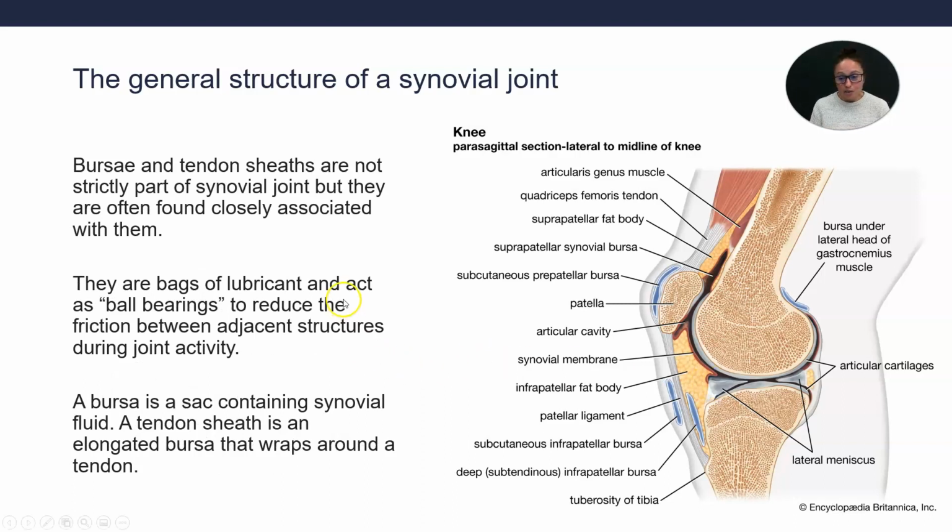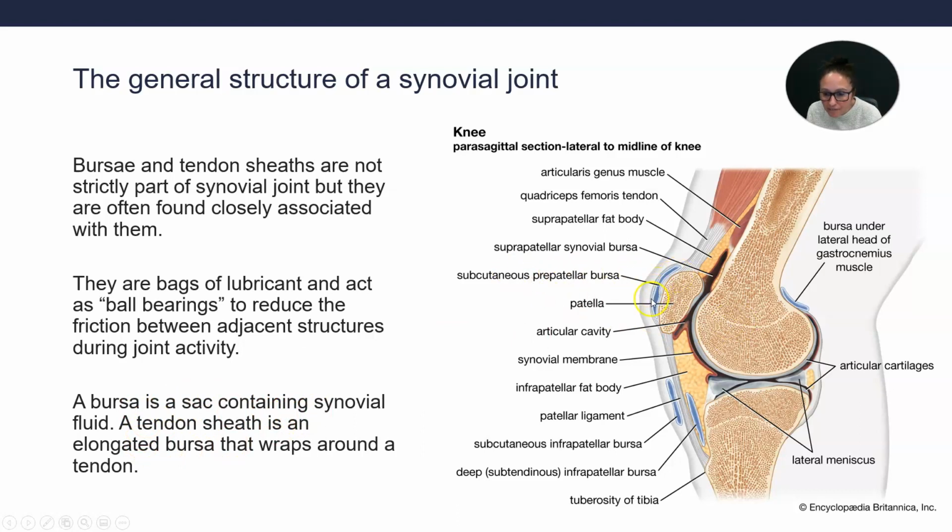Right, you may see sometimes people talking about their bursae and their tendon sheaths, because some people have problems with those as an injury. Now, I just thought I'd let you know what they are. They are essentially extra lubrication. Okay, so let's have a look and see. A bursa is a sac containing synovial fluid. Let's see if we can see.